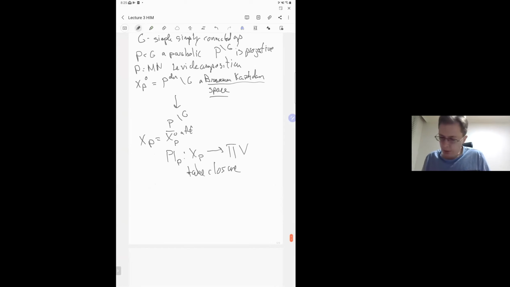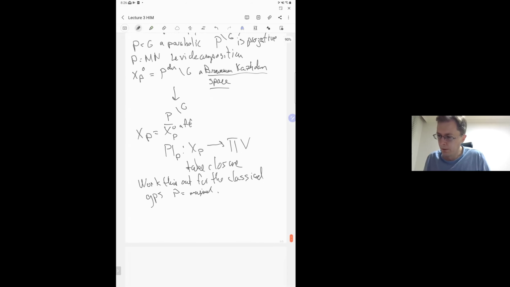Now I'm going to work this out for the classical groups. And I'm only going to take P to be maximal. We'll see explicitly what you get out of this.